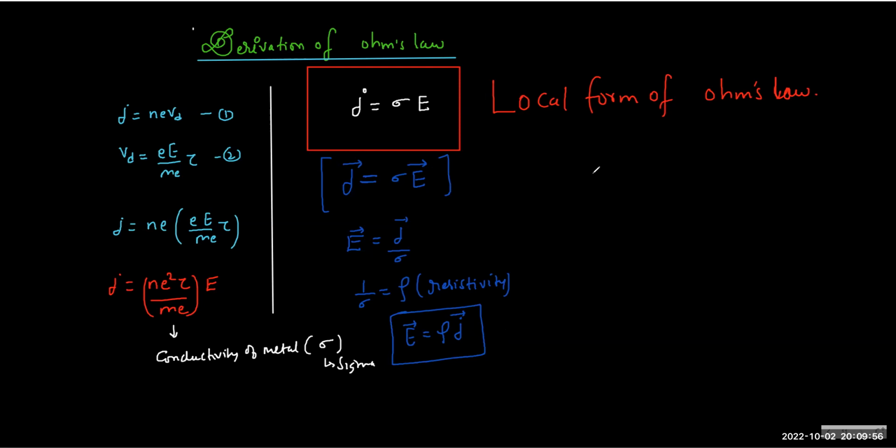Yes, sir. And this leads to another formula. I equals integral of J dot dA, and now J itself is sigma E dot dA. If sigma is a constant quantity, I equals sigma times integral of E dot dA, and this is exactly the flux through the surface.